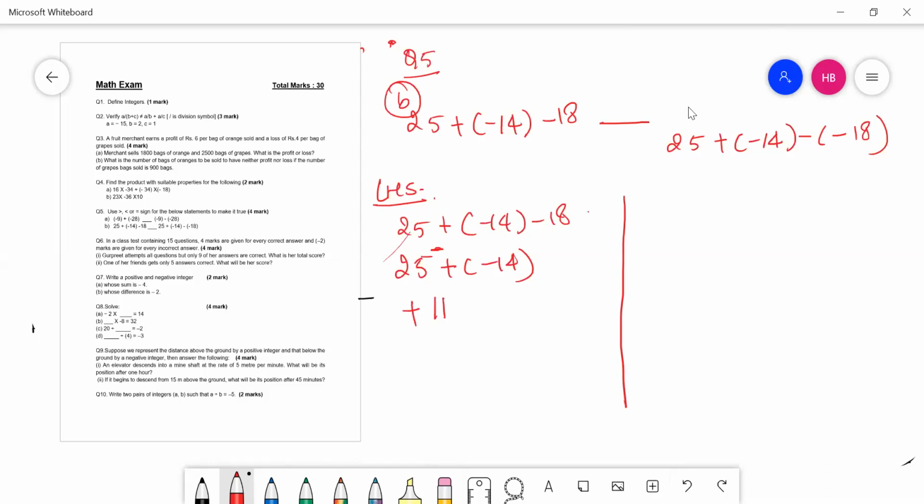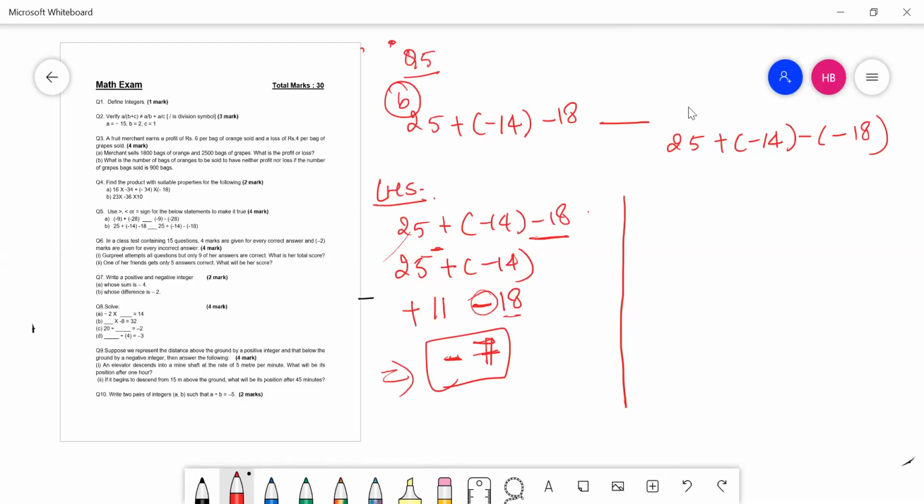Now take the remaining part, minus 18. Again the signs are different, plus 11 and minus 18, so I subtract them. My sign will be minus because 18 was greater and 18 had the minus sign. So the answer will be minus 7.